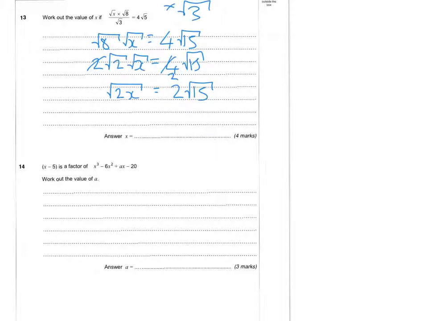I'm going to square both sides to get rid of the root, so that's going to leave me with 2x is equal to 4 times 15, 60. x is equal to 30.